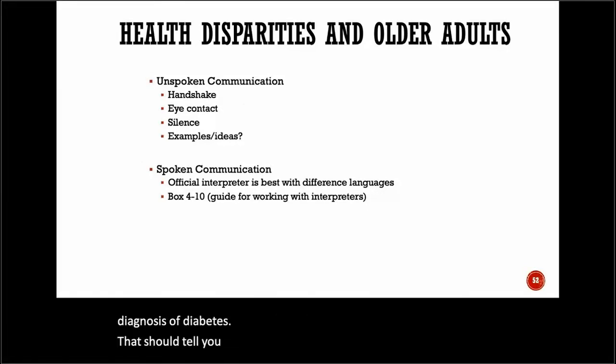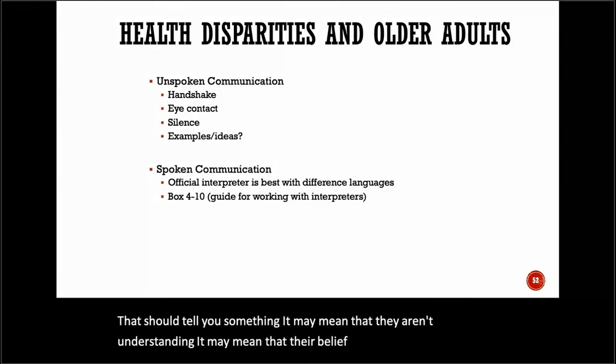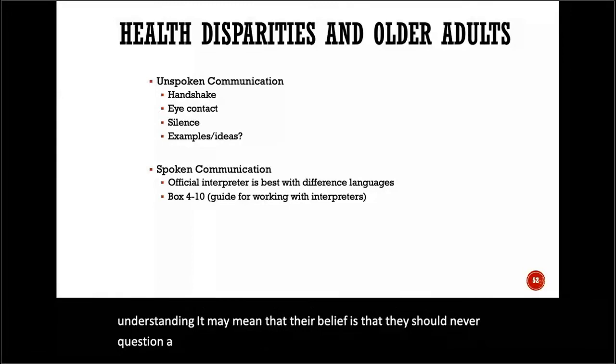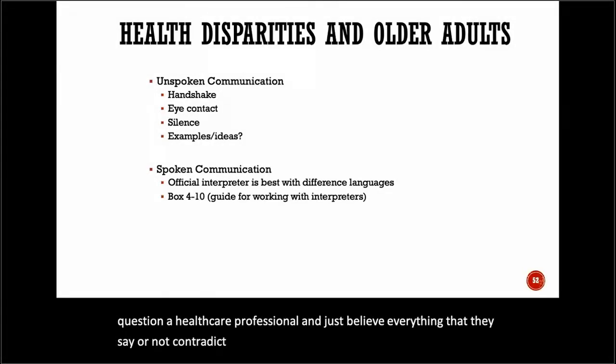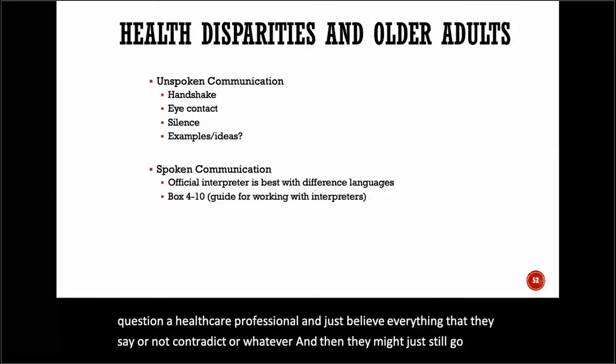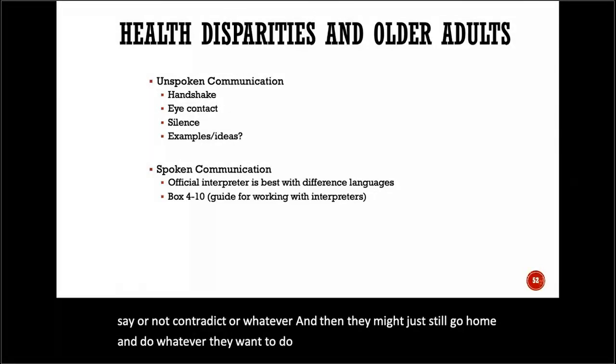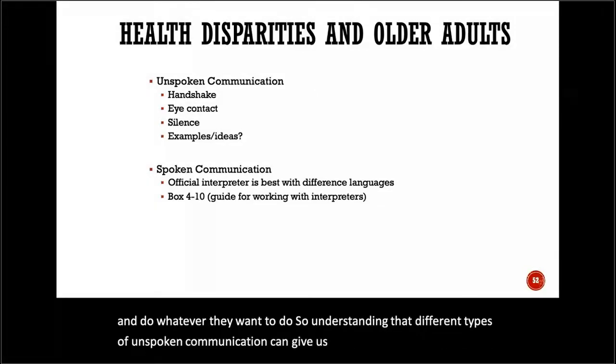It may mean that they aren't understanding. It may mean that their belief is that they should never question a healthcare professional and just believe everything they say, or not contradict, and then they might still go home and do whatever they want to do. So understanding that different types of unspoken communication can give us a lot of information.